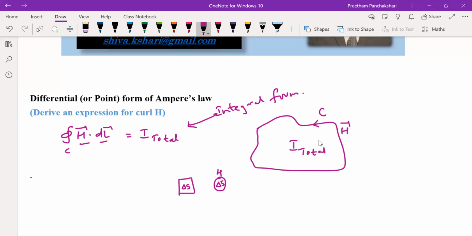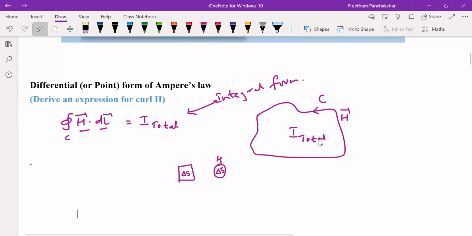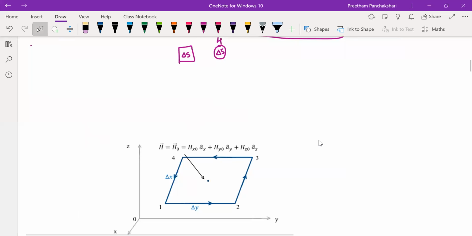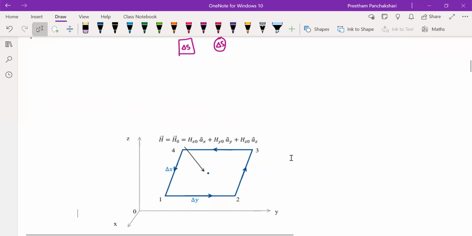So I'm going to derive this law in the rectangular coordinate system. I'm choosing a rectangular path as shown in the diagram. See here, I've chosen a rectangle of area, say delta S. One side has length delta x, parallel to the x-axis. The other side, delta y, is parallel to the y-axis.